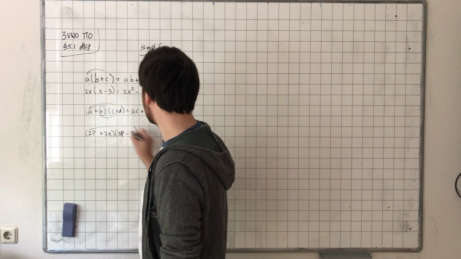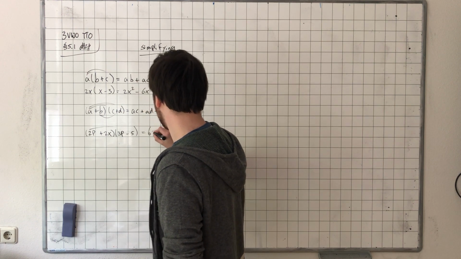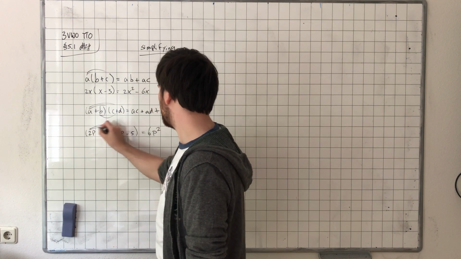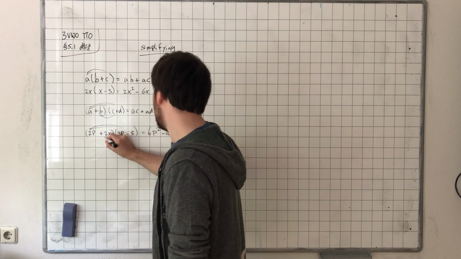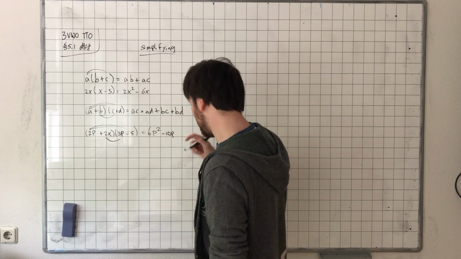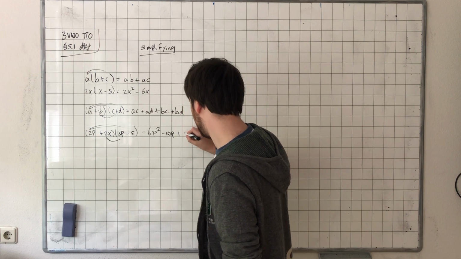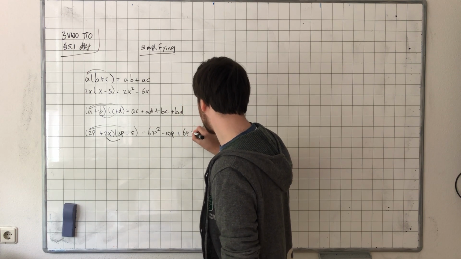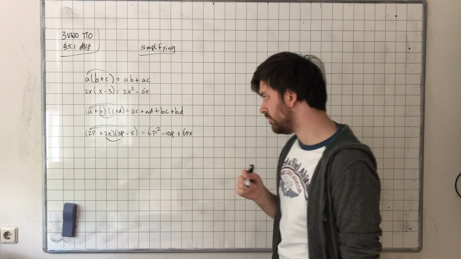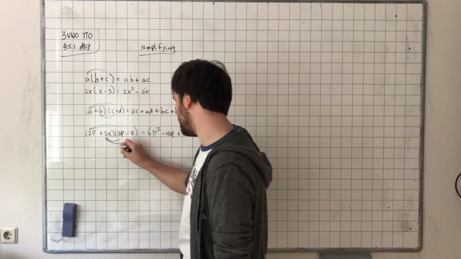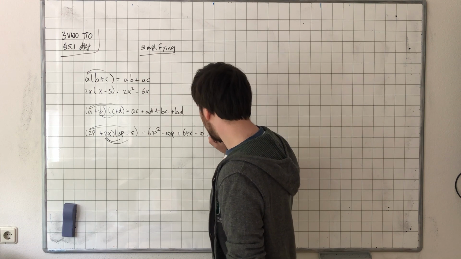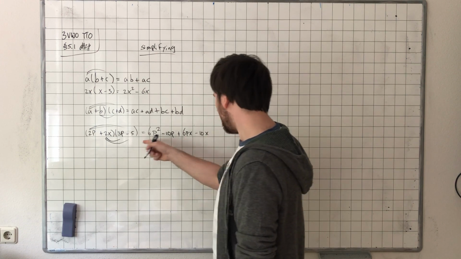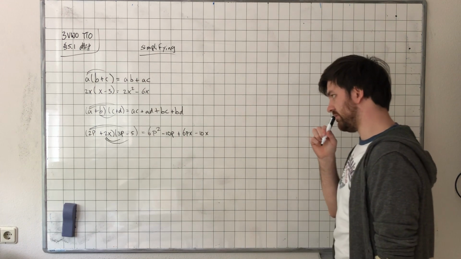So 2p times 3p is 6p squared. 2p times minus 5 is minus 10p. 2x times 3p is 6px. Remember the alphabetical order. And then, at least 2x times minus 5 is minus 10x. And we cannot simplify this any further.